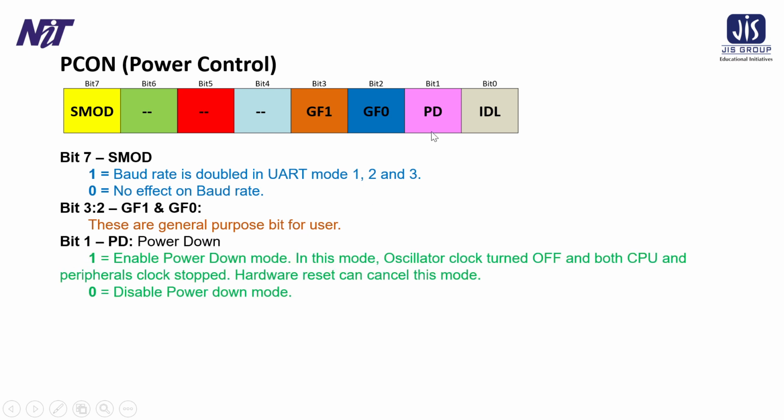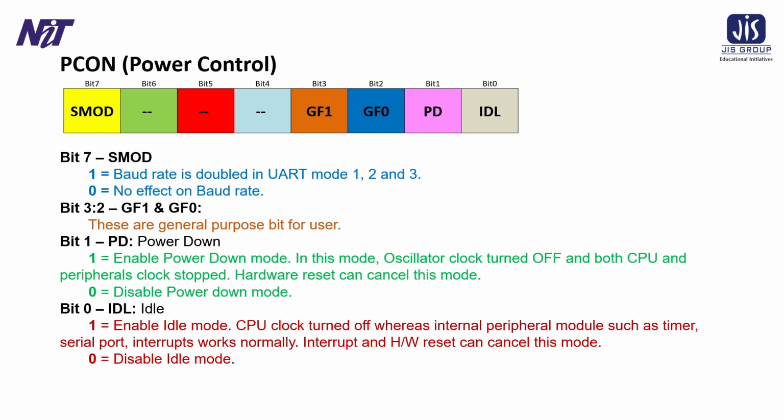Bit 1 is PD, power down. 1 enables the power down mode. In this mode the oscillator clock is turned off and both CPU and peripheral clocks are stopped. Hardware reset can cancel this mode. 0 disables the power down mode.